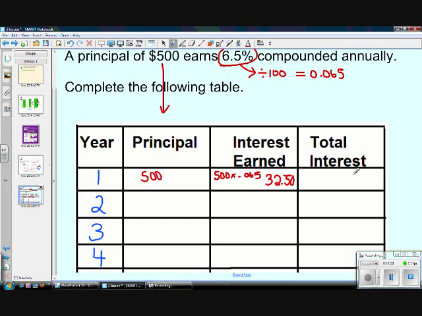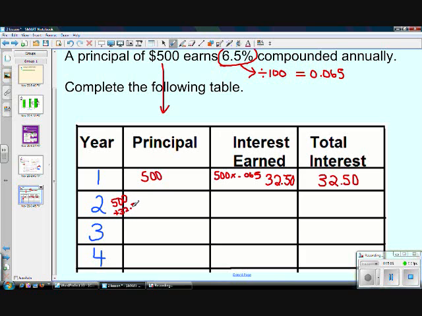So the total interest earned was $32.50. Now, for the next year, year 2, I need to take this number and add it to my original principal. So I'm going to put that here so that you remember that that's how we got our next principal, and we're going to add the $32.50.